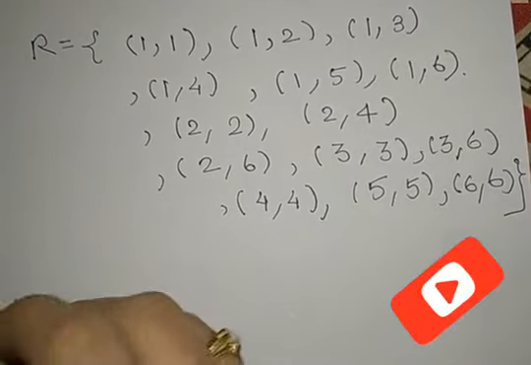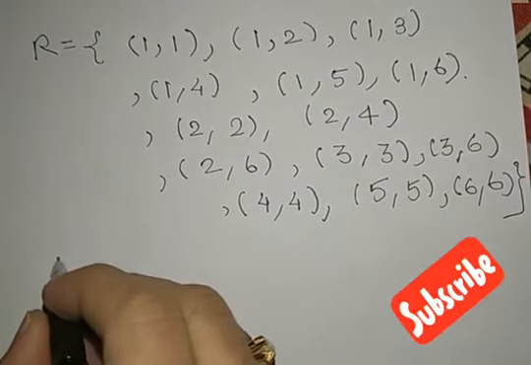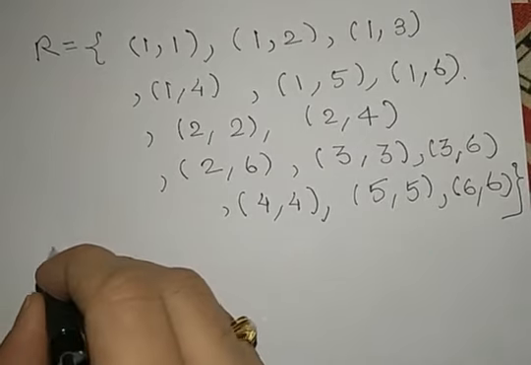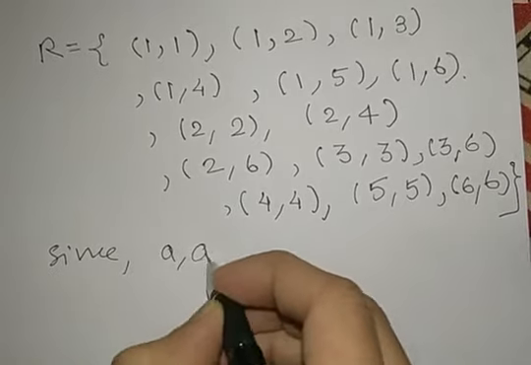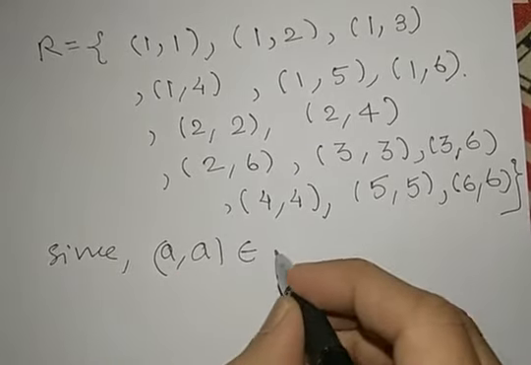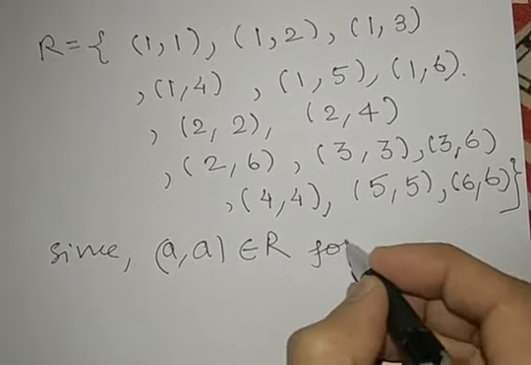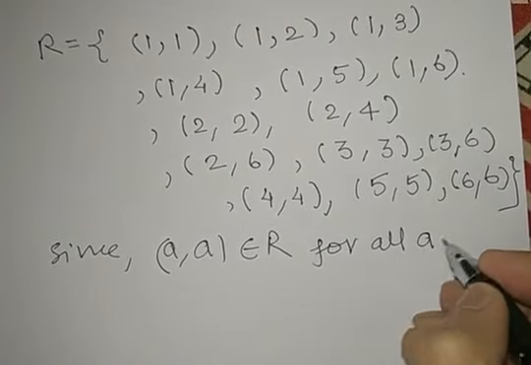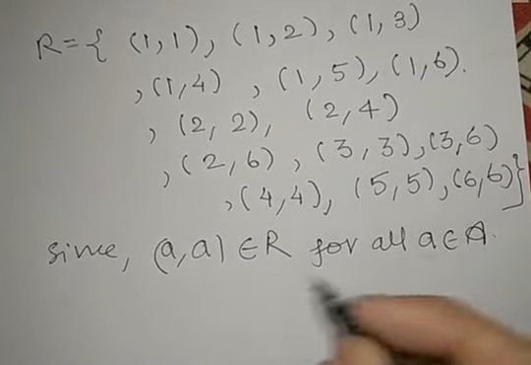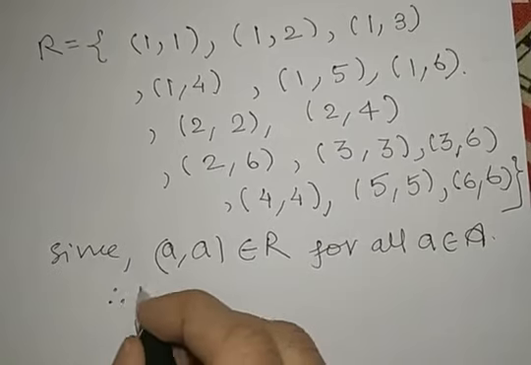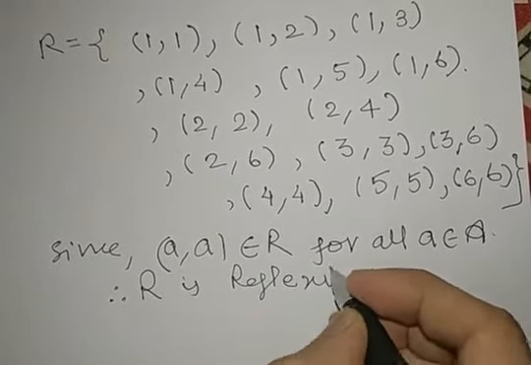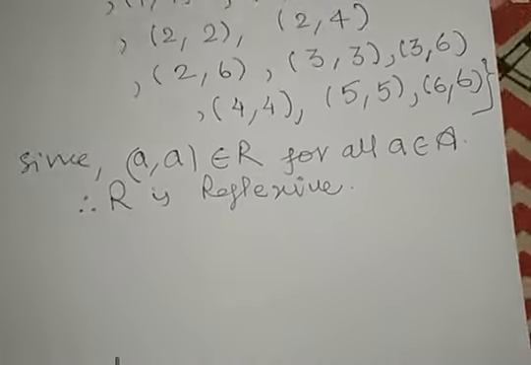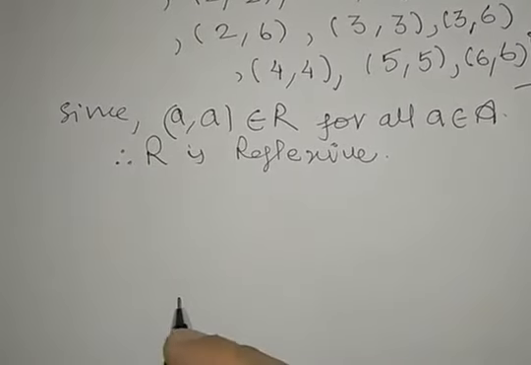So all the elements of the type (a, a) are there in the set R. Since (a, a) belongs to R for all a belonging to A, therefore R is reflexive.